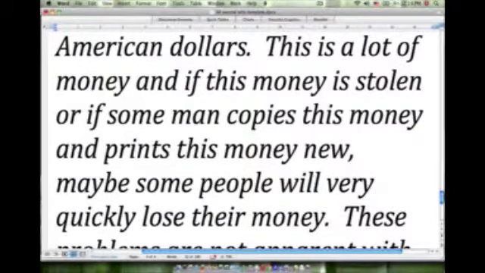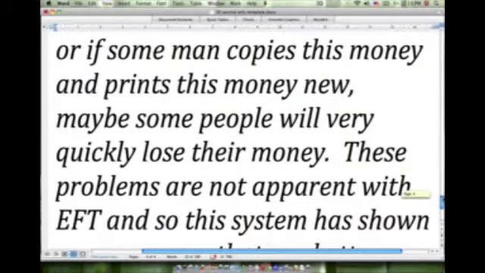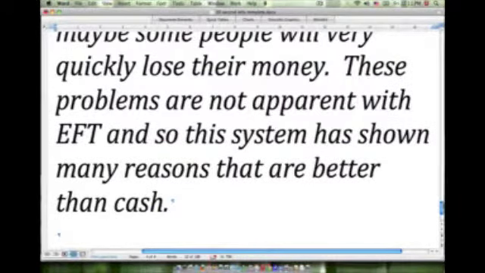This is a lot of money. And if this money is stolen, or if some man copies this money and prints this money new, maybe some people will very quickly lose their money. These problems are not apparent with EFT, and so this system has shown many reasons that are better than cash.